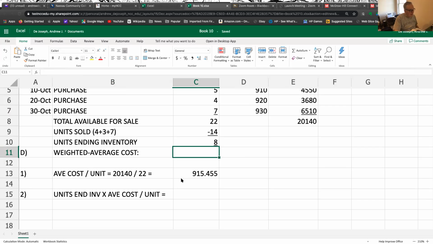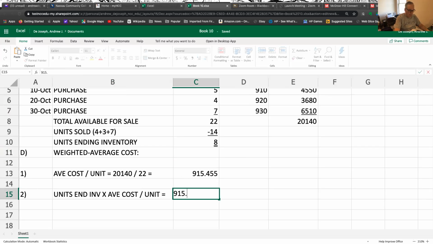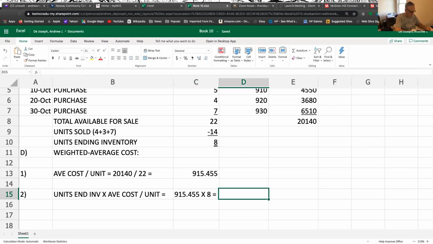So how do I get the dollar amount of ending inventory? I take this 915.455 and I multiply it by 8. Right? And what will that give me? It'll give me 7323.64.